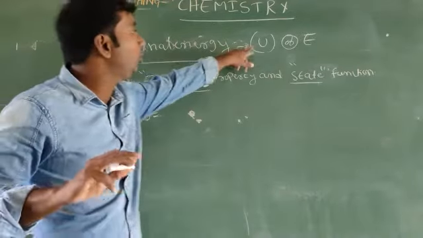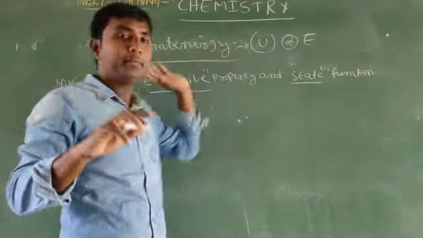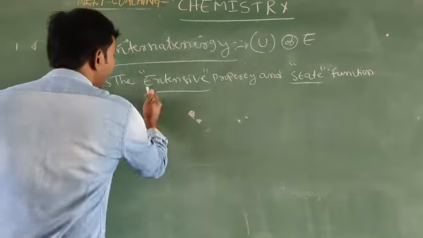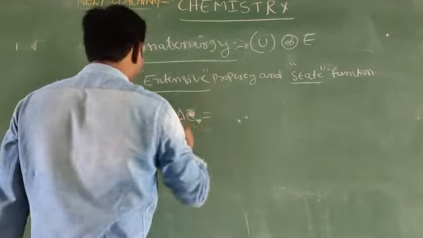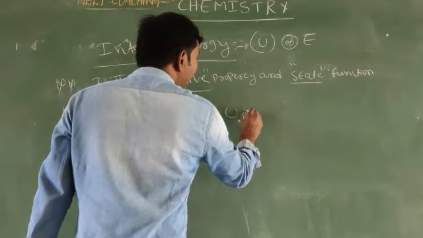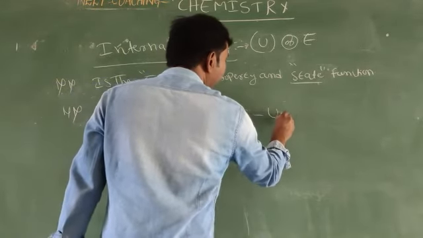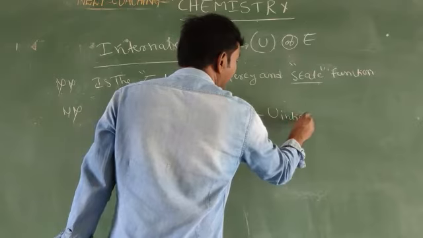New books give U, old books give E. So delta U equals internal energy of final minus internal energy of initial.